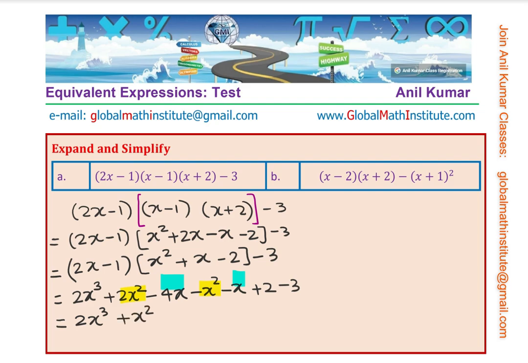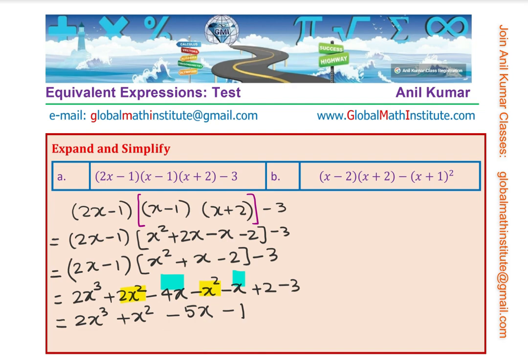Minus 4x minus x gives me minus 5x. And then plus 2 minus 3 gives me minus 1. Space them out as I have shown very clearly, so let it be neat like shown here. This helps. I hope you have got some tips on how to simplify. That was the standard way of doing it.